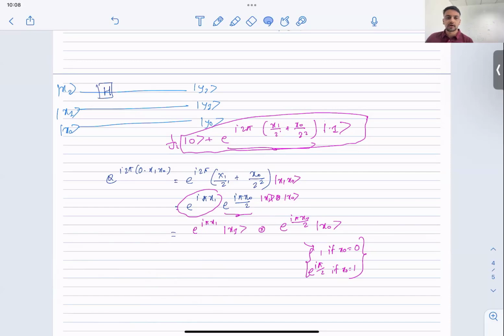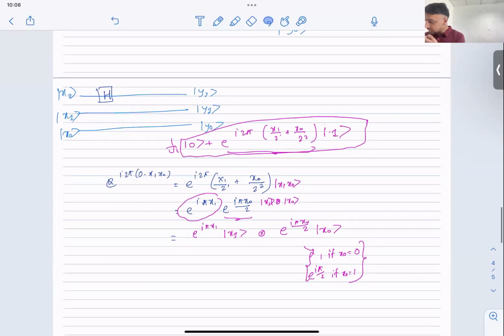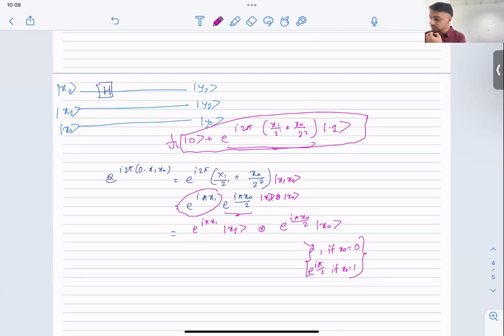Okay, and the second state, this guy, remember, which gave us this phase. You need to look at this not just as the phase itself, but rather 0 plus this state, where we're considering the phase.